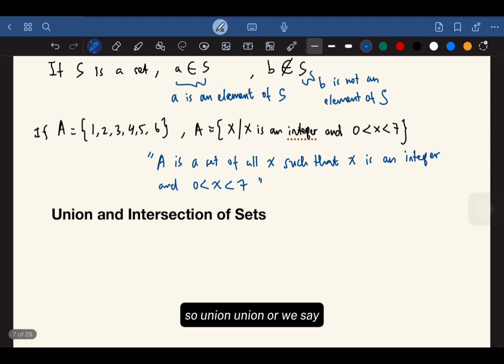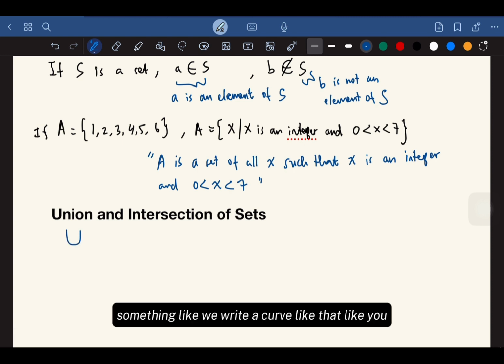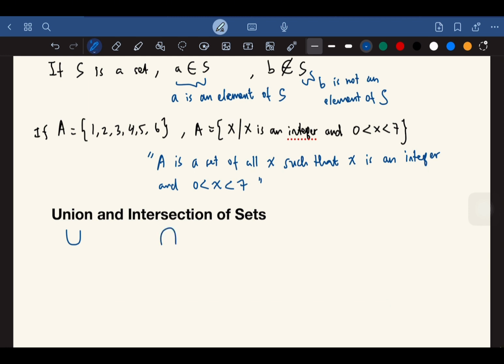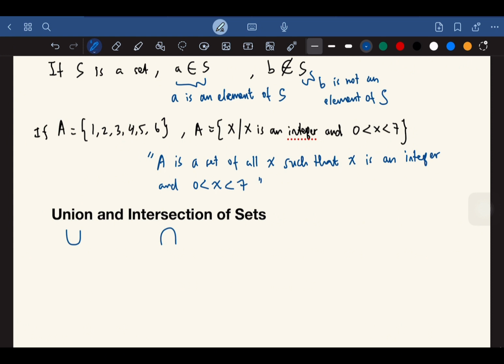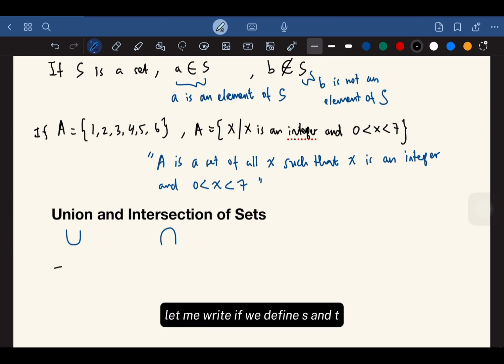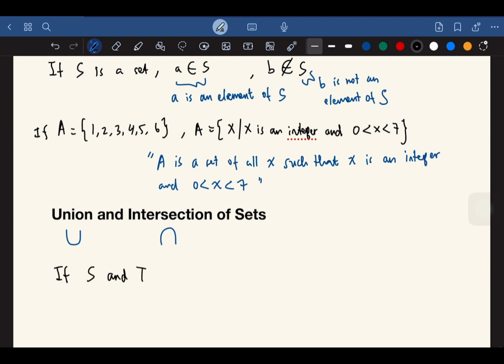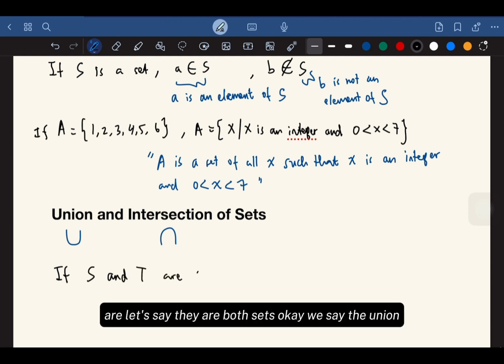So for union, we write a curve like a U, and the intersection we write by reflecting the union upside down. Let me write, if we define S and T, let's say they are both sets.